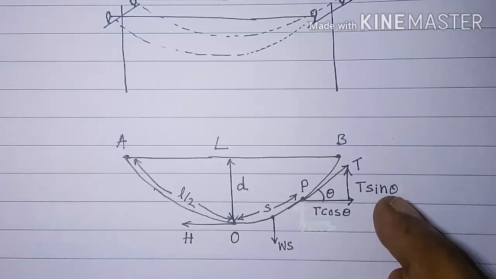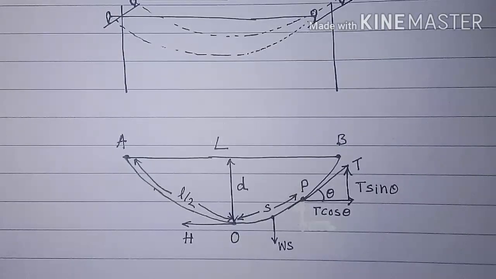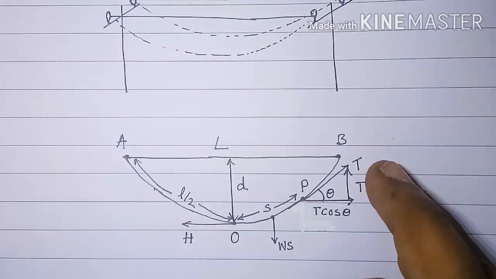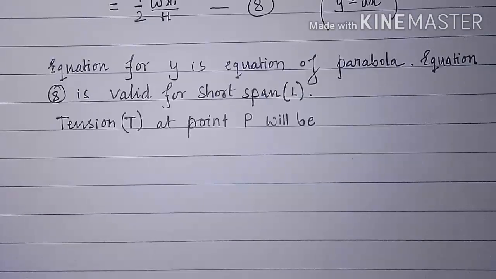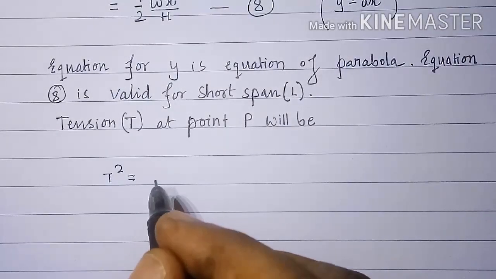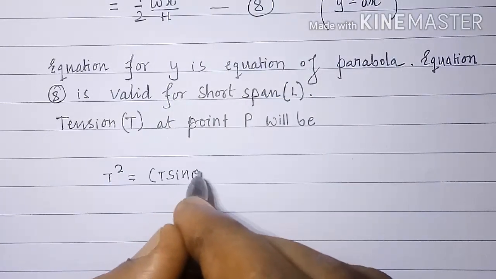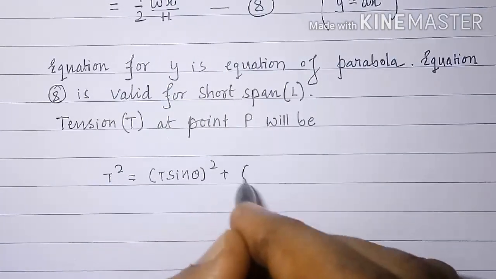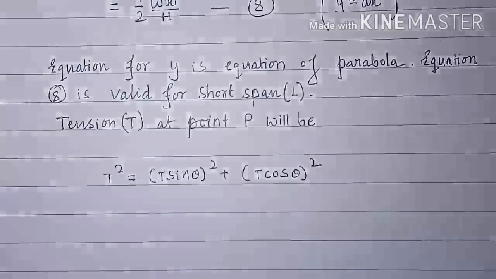So using these components, we can write T square equal to (T sin theta) square plus (T cos theta) square.